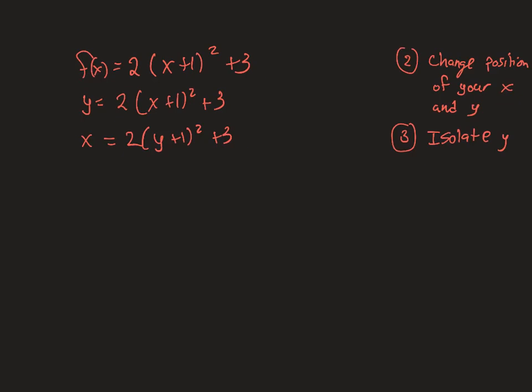So I'm going to subtract 3 from both sides, giving me x minus 3. I'm going to divide both sides by 2, so I'm going to have x minus 3 over 2. Now, to get rid of the squared, you have to take the square root of both sides. And remember, whenever you take the square root of both sides, you're always going to have a positive and a negative answer.